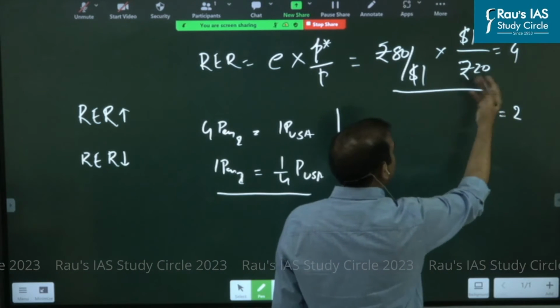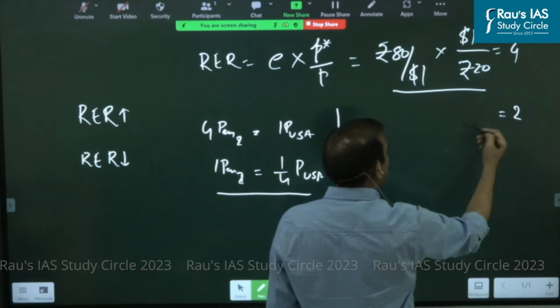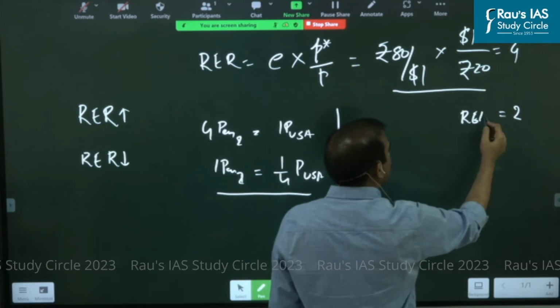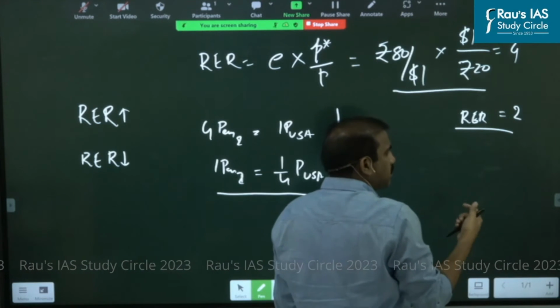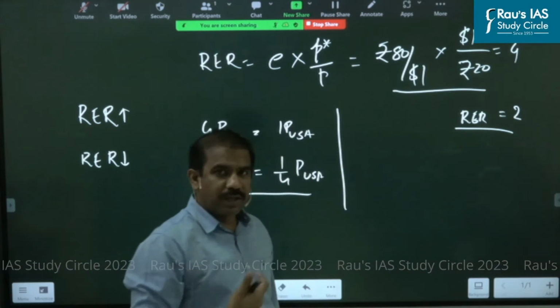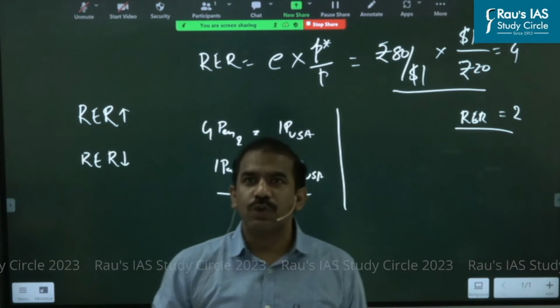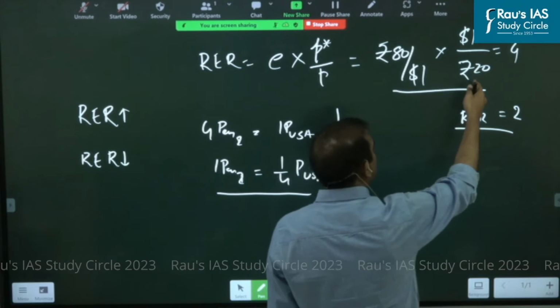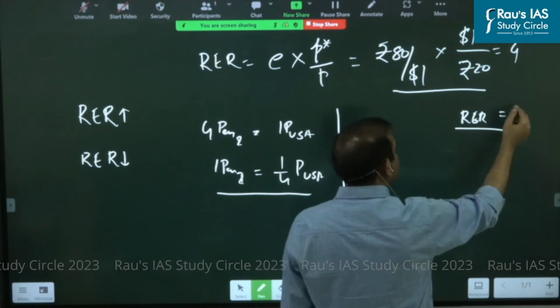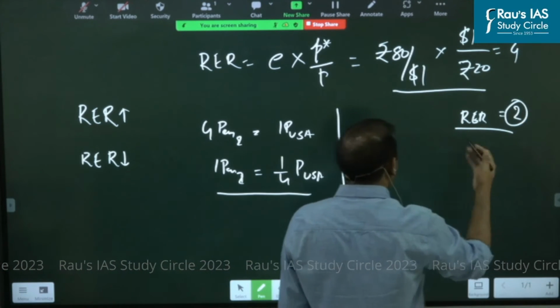If you replace 20 with 40, the real exchange rate would be 2. So now most of you get confused. 4 is bigger than 2. Then why does this gentleman say the real exchange rate is increasing? That's not the question. That's not the way you need to look at it. So in this case, when the pen happens to cost me 40 rupees in India, this value has come down to 2. But how would you interpret it?